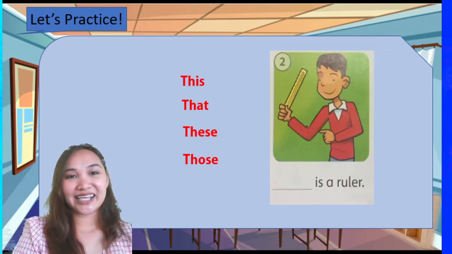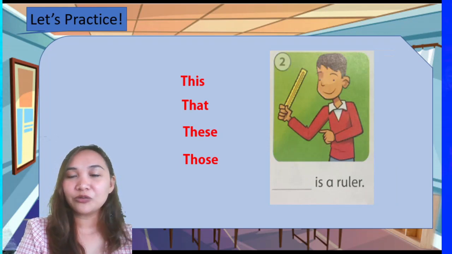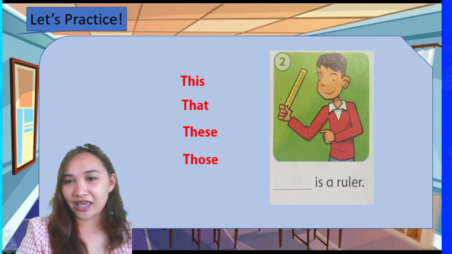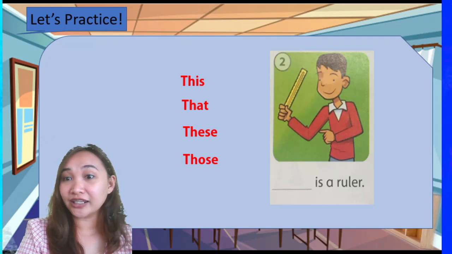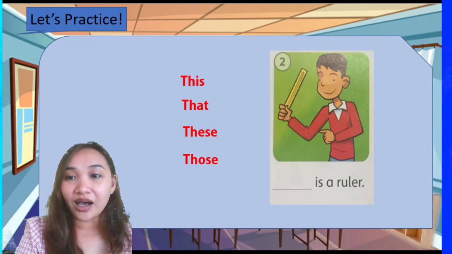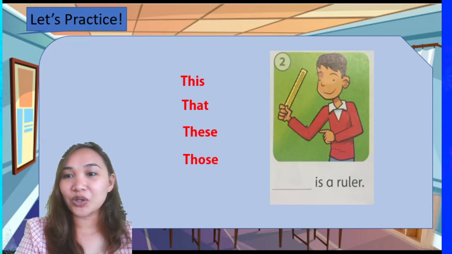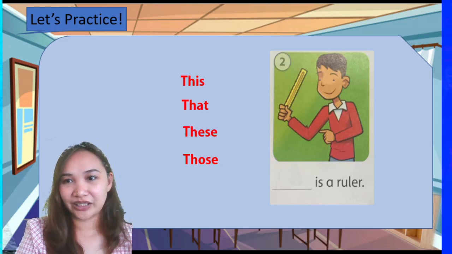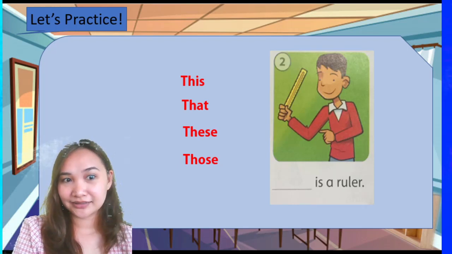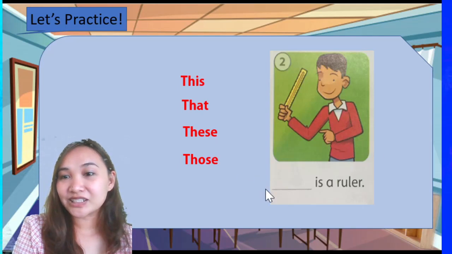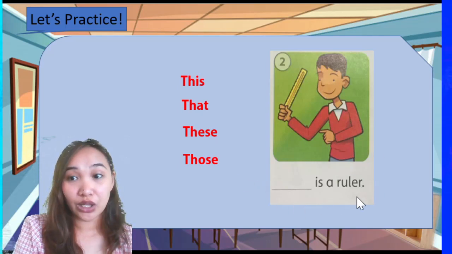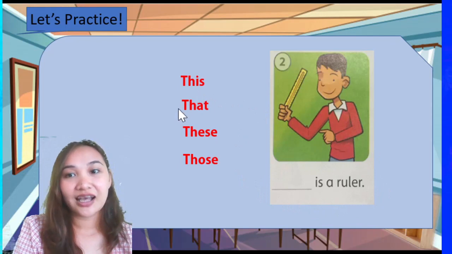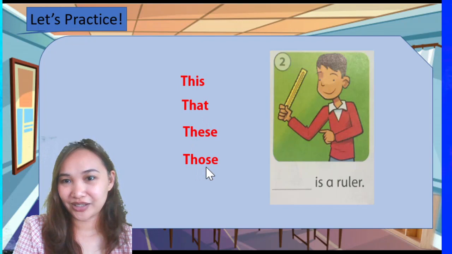Next example. How about this boy? And he is holding a what? Very good. He is holding a ruler. Then what will he say? Let's complete this sentence with this, that, these, or those.